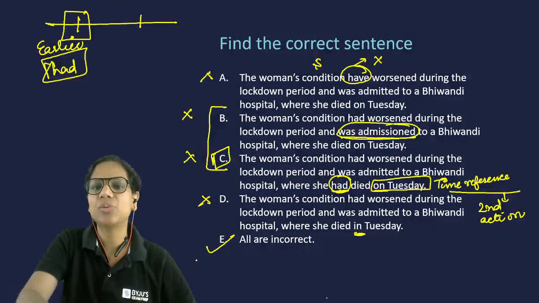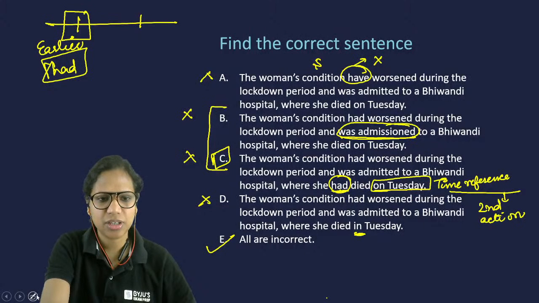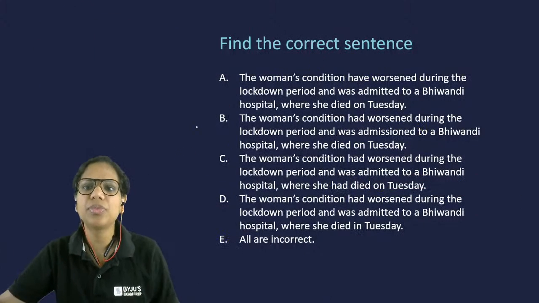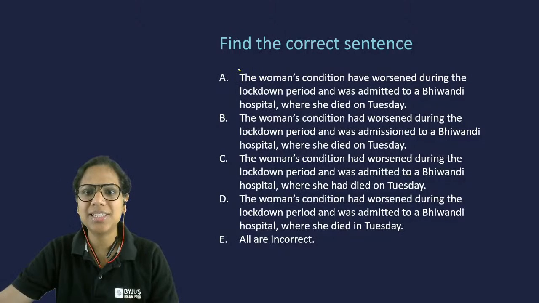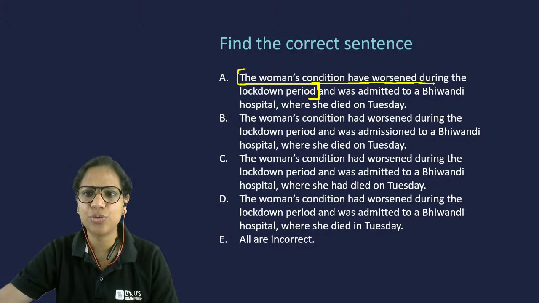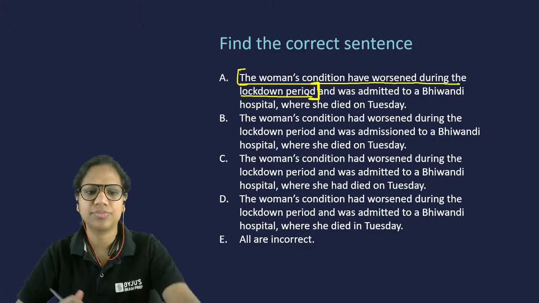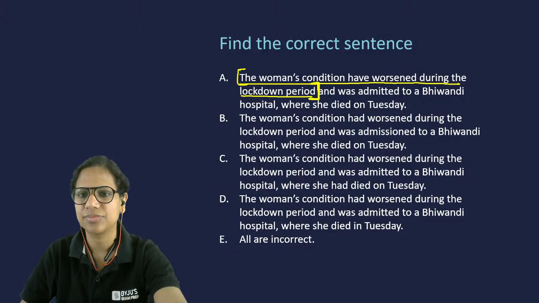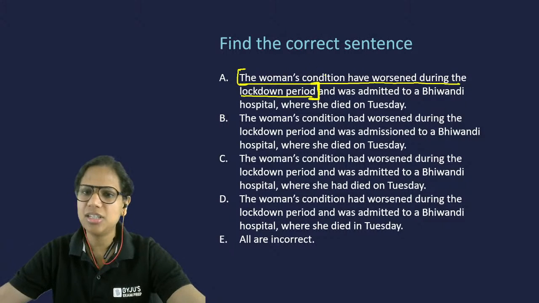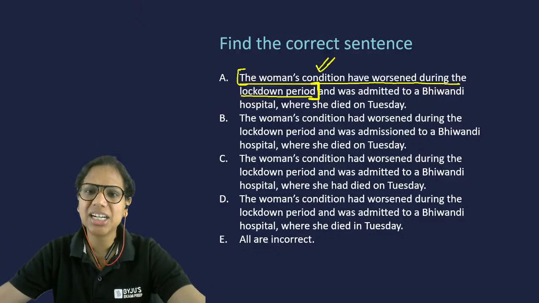There's something else that I would like you to notice here. See this, the subject. What is the subject for this clause here? Can you tell me? It is not the woman, it is the woman's condition.